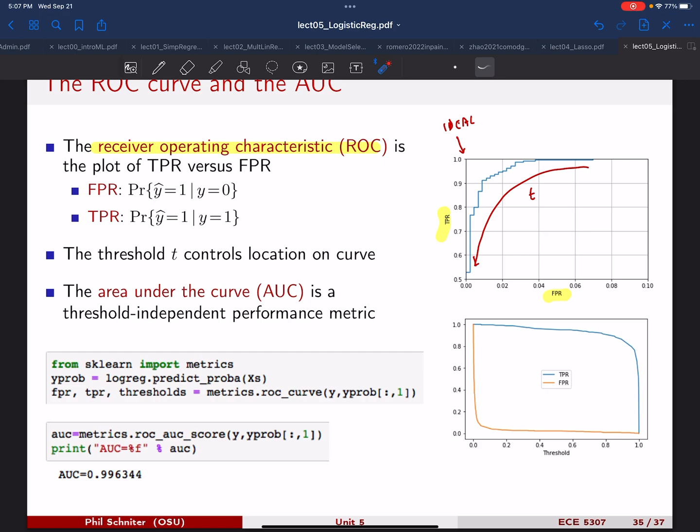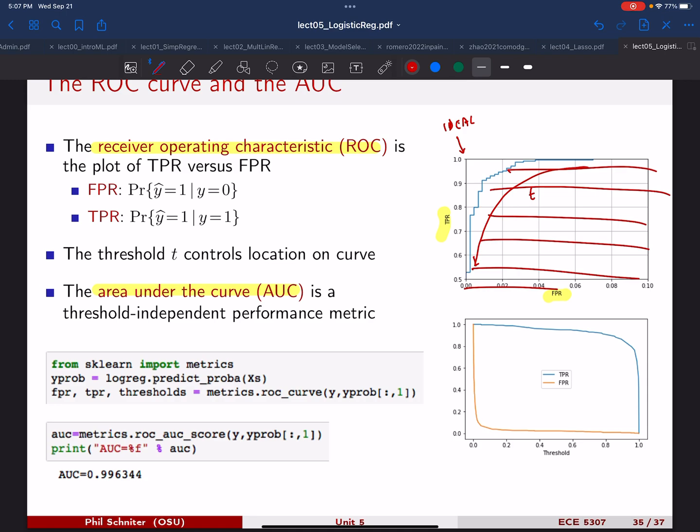Someone might say, well, I want to design my system, but I don't know exactly which threshold I'm going to choose at the end of the day. I want a system that works well for many different thresholds. One way you can do that is to optimize the area under the curve. The area under the curve is this whole area here.